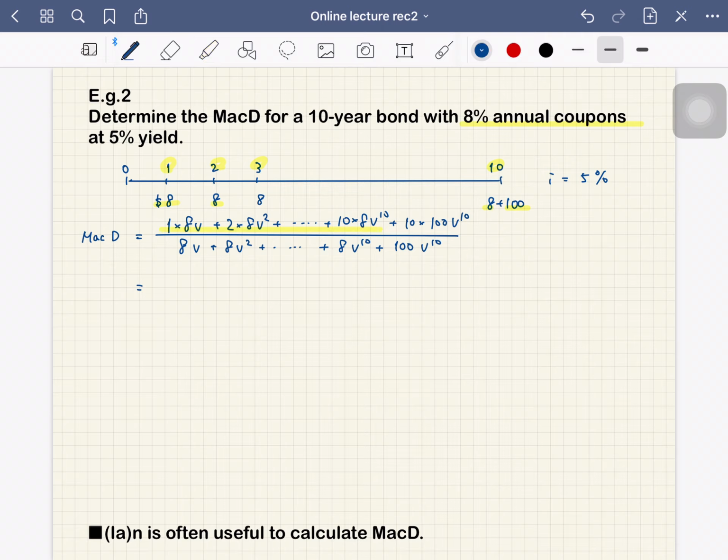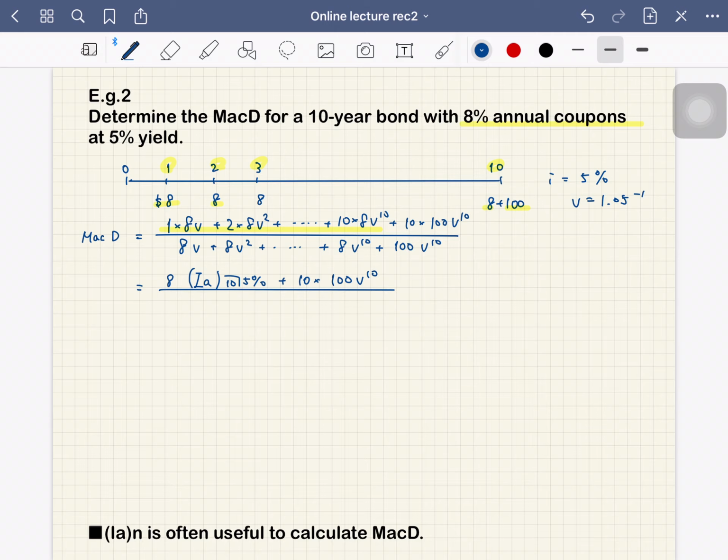So this is actually 8 times the increasing annuity of 10 payments at 5%. And finally, we have the last term, 10 times 100 times v to the power 10. v is 1.05 inverse.